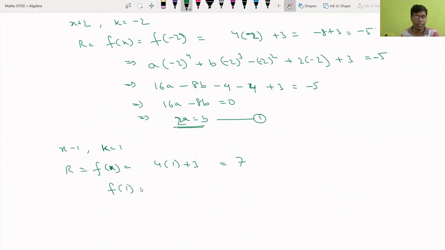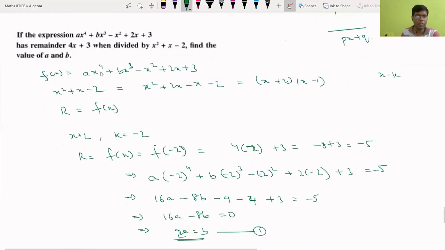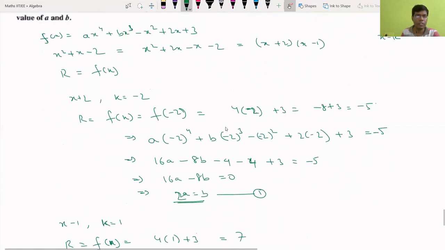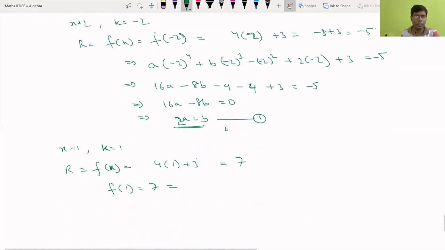f of 1 is equal to 7, so in this expression we put x equal to 1. This gives a multiplied with 1 power 4 plus b times 1 power 3 minus 1 square plus 2 times 1 plus 3 is equal to 7.